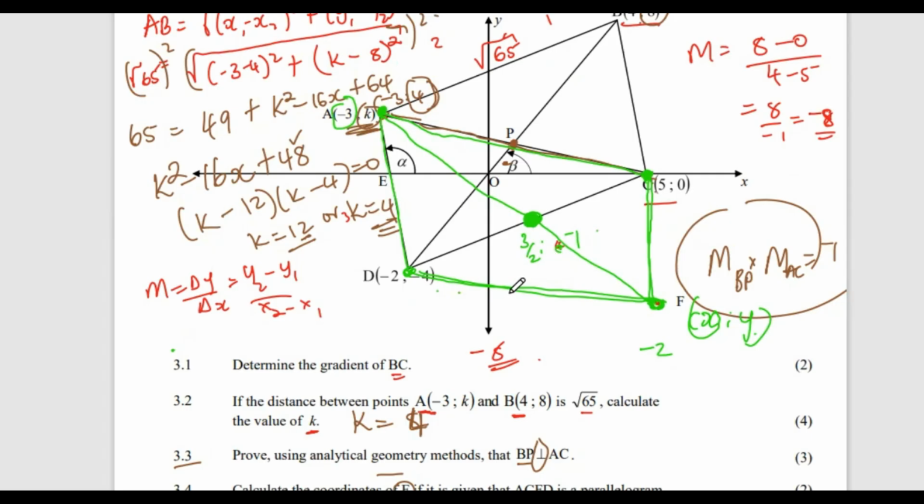Okay, so with the midpoint, remember we said, what was our midpoint? We said -4 plus 0 divided by 2. This was our midpoint, which gave us a -2, not a 1.